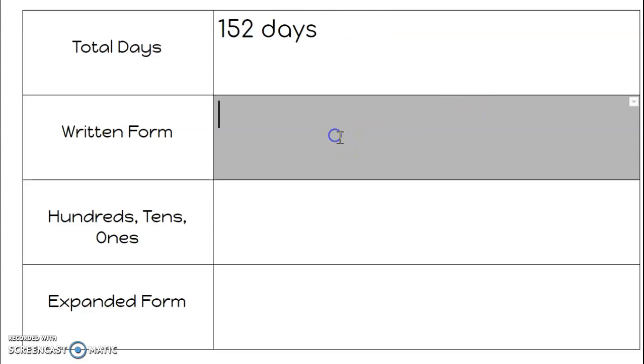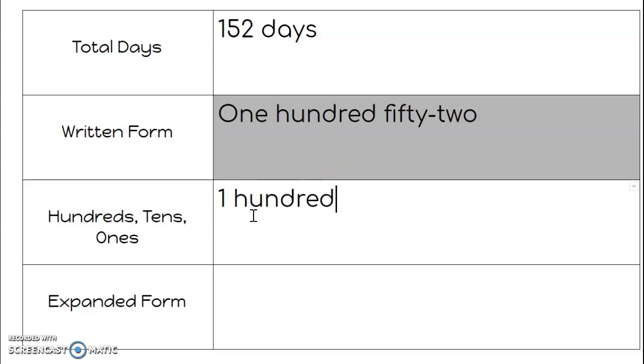Perfect. Written form, 152. Hundreds, tens, and ones. There's 100 plus how many tens? 5 tens plus how many ones? 2 ones. And expanded form.